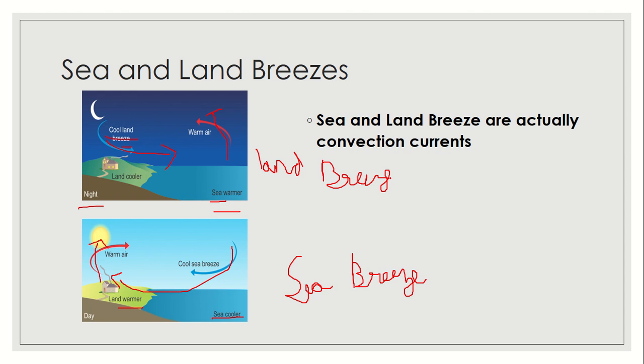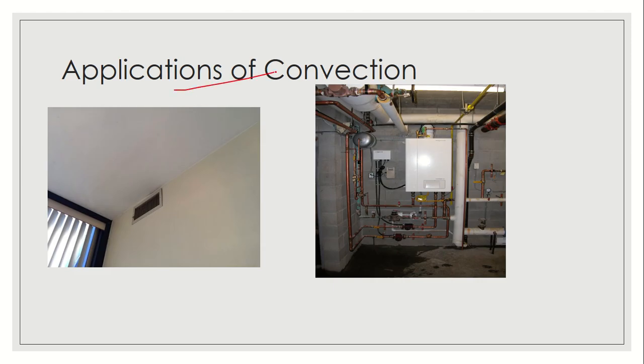Okay, let's move on. Now, applications of convection. In the first picture you can see a ventilator attached high up on the walls. People used to do this in ancient times. What happens is basically the air we exhale is warmer as compared to other gases.